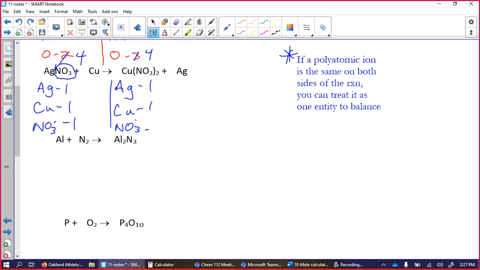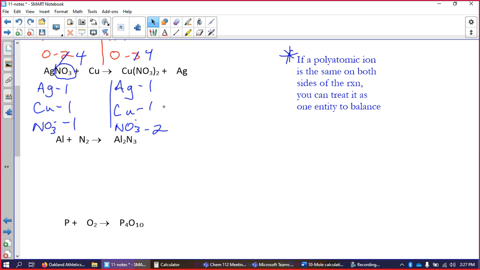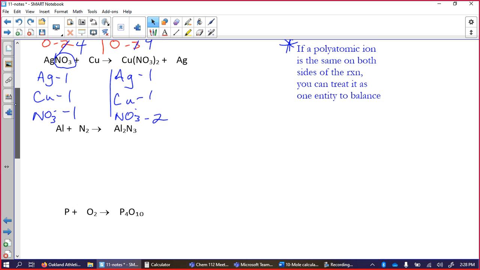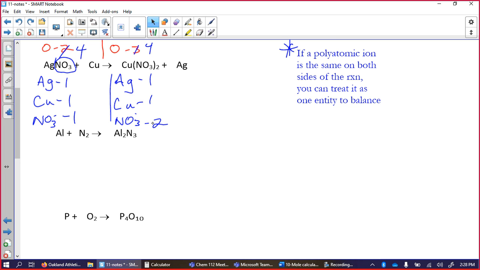Now as a group, there's 2 NO3s. You can split it up into nitrogen and oxygen. If it switches from side to side, you have to split it up. But because this is NO3 on both sides, well, this is the kind of issue.